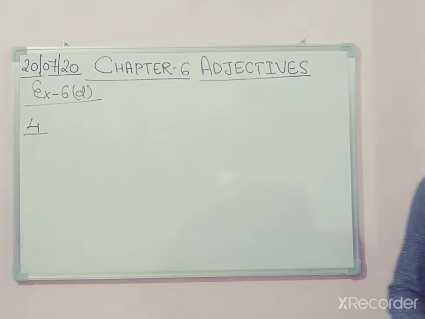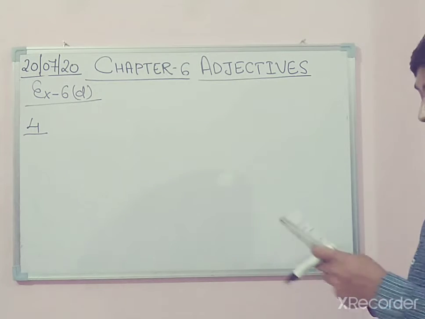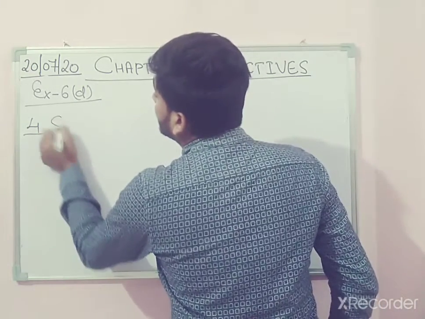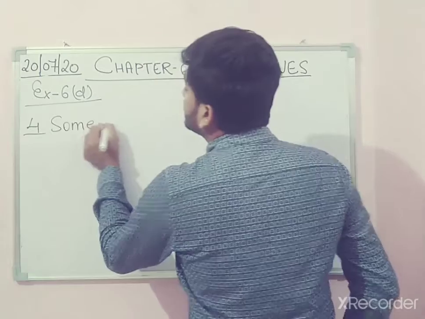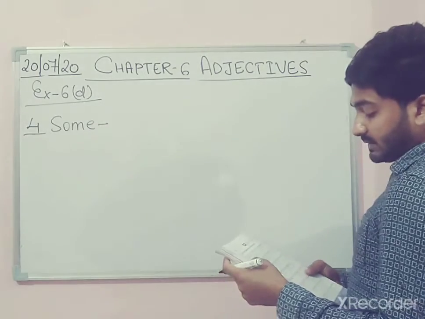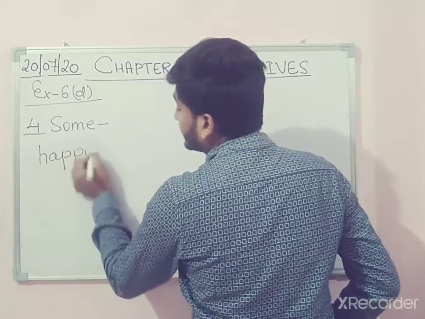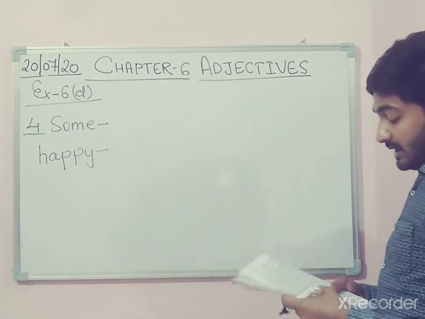Number 4. On number 4 we have: Some happy children shed many tears of joy. Some. Okay. How many children? Some children. What kind were they? They were happy.